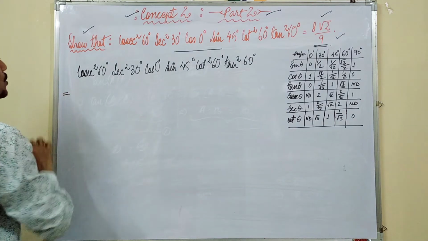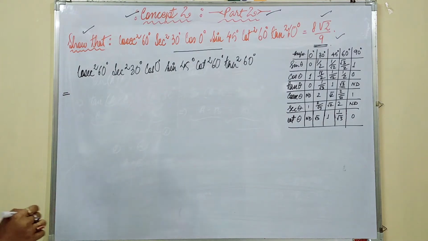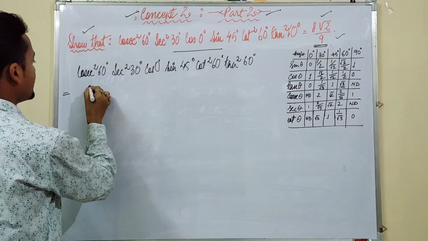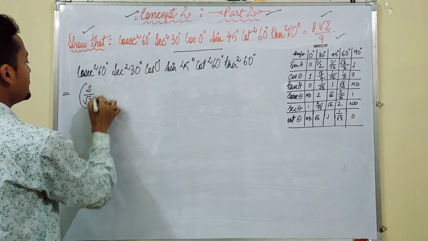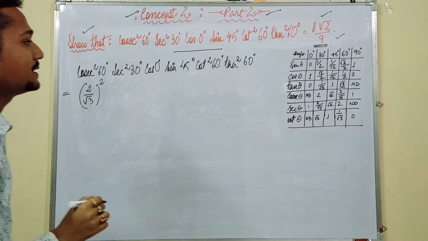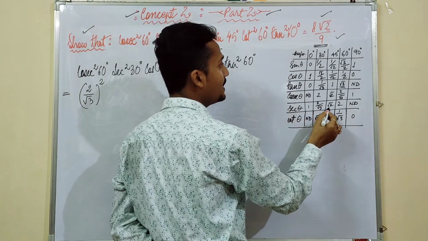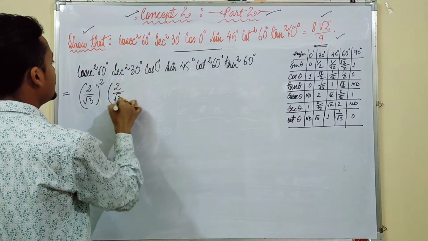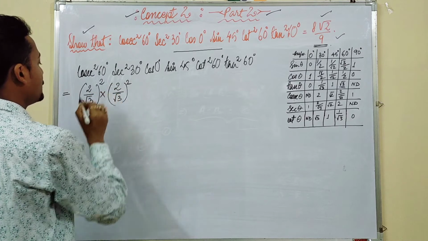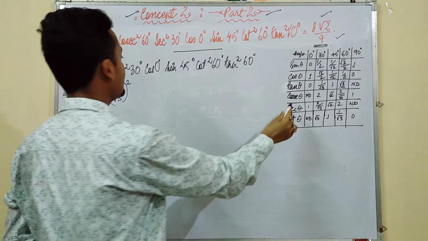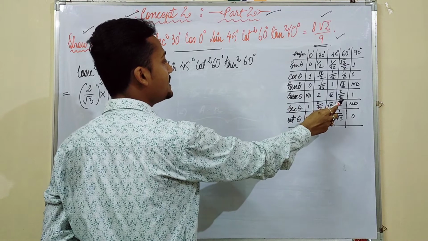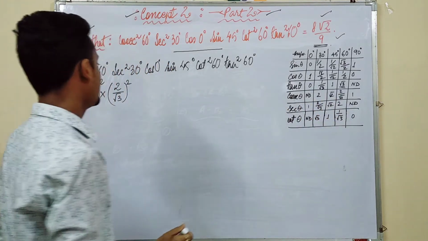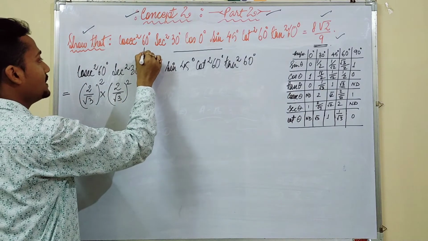Now cosec 60 degree is equal to 2 by root 3, isn't it? Square. Sec 30 is equal to 2 by root 3, whole square, into. So first we have taken cosec 60, then sec 30. This much we have done.